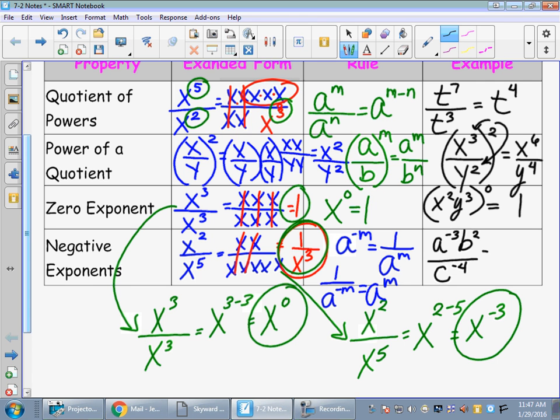So a to the negative 3rd is negative, so we're going to bring it down to the denominator and make it positive. B squared is not doing anything, it's positive, so it stays on top. And c to the negative 4 is negative, so to make it positive, we have to flip it up top. So b squared stayed, the a went down below to become positive, and the c went up top to become positive.